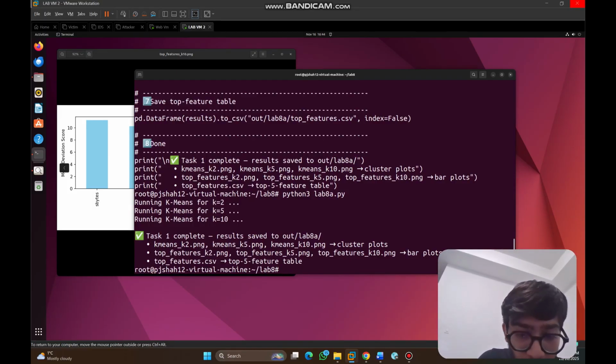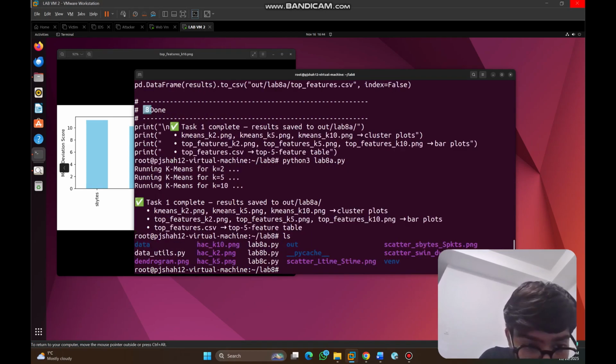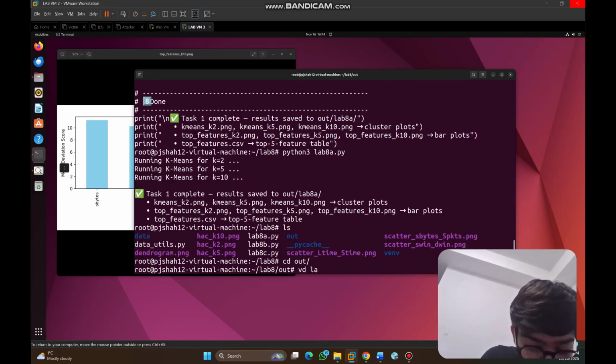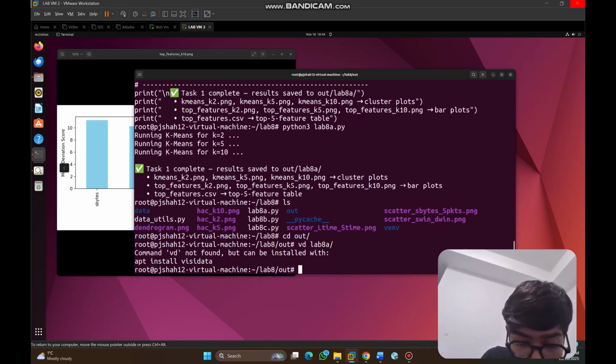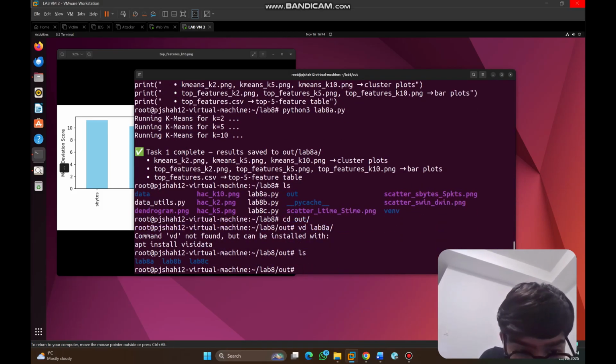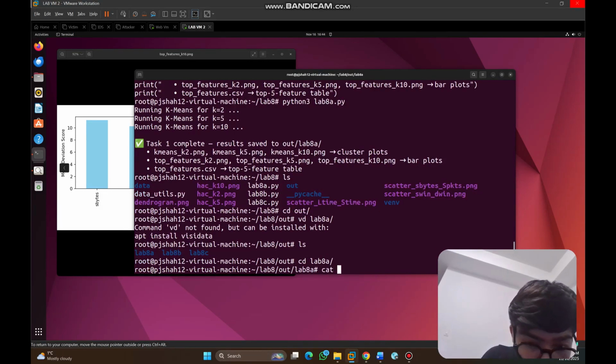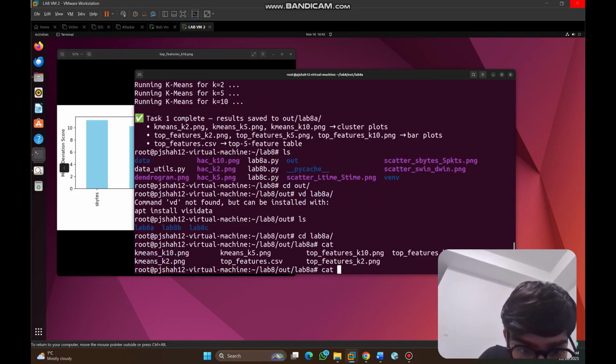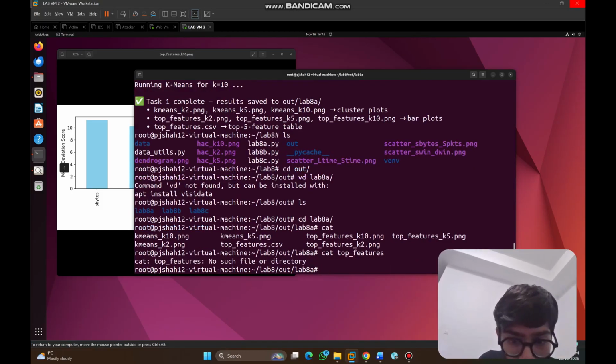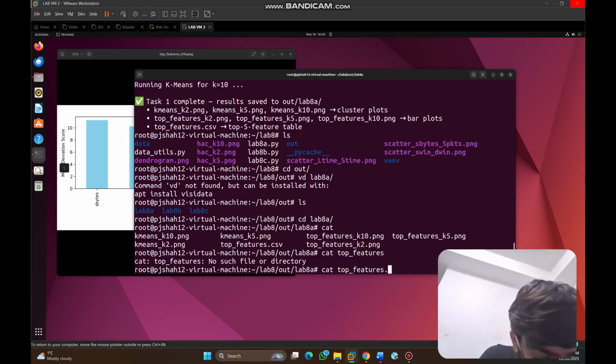I do have a CSV file over here. ls, cd out, cd lab8a, and then cat top_feature.csv.